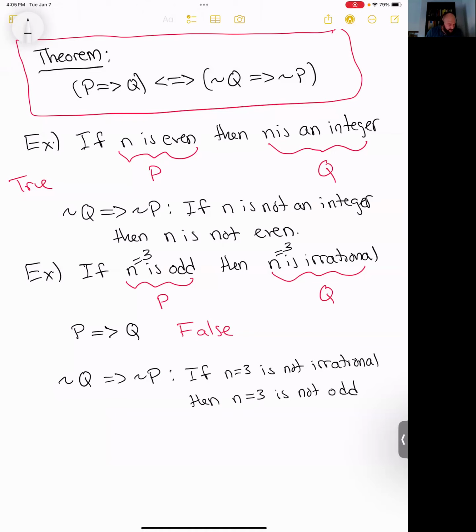Notice that's also false because n equals 3 isn't irrational, but n equals 3 is odd. And so this one also lies to us, right? Good. So this is the contrapositive. We're going to see way more examples of using the contrapositive when we talk about the proof technique of proof by contrapositive.